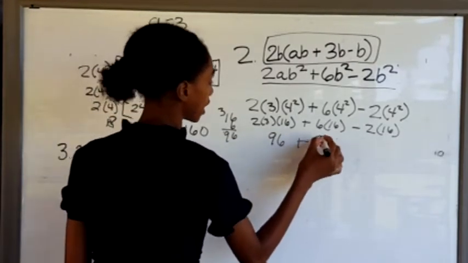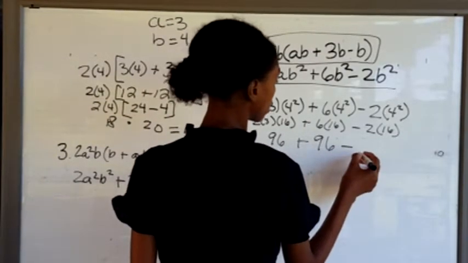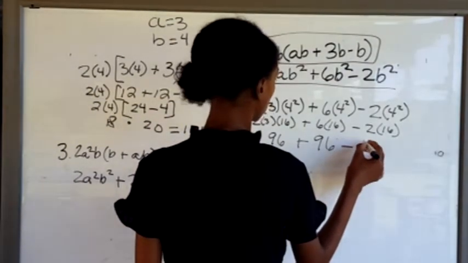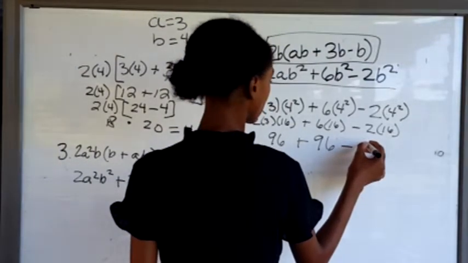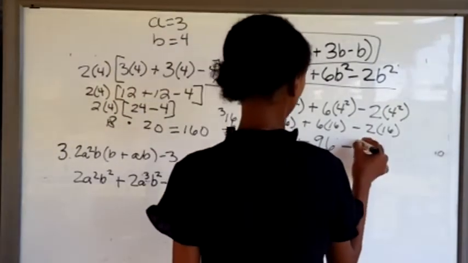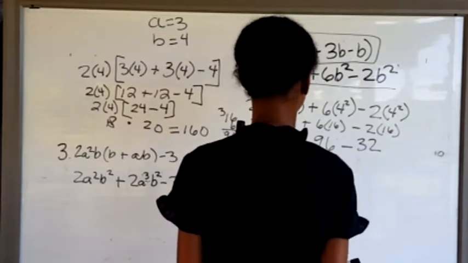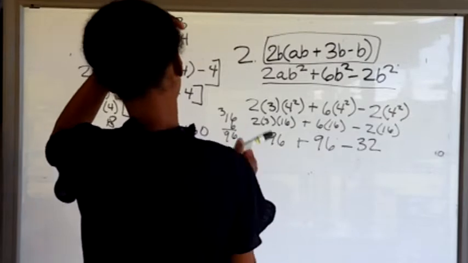96. And then this is 96. And then this is 32. That's still not going to be right, because I got one over here. I don't know what I did on that one.